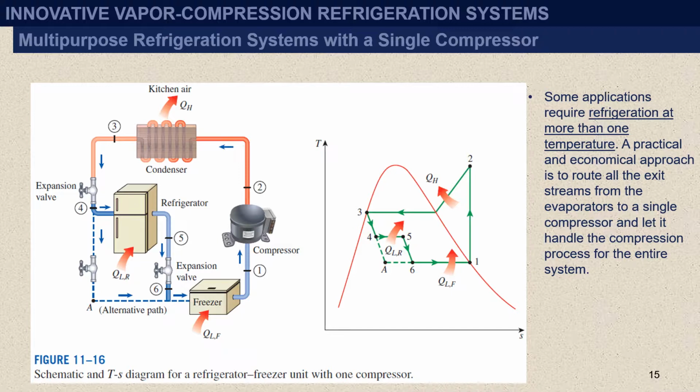This problem can be eliminated by throttling the refrigerant to a higher pressure, hence a higher temperature, for use in the refrigerated space, and then throttling it to the minimum pressure for use in the freezer. The entire refrigerant leaving the freezer compartment is subsequently compressed by a single compressor to the condenser pressure.